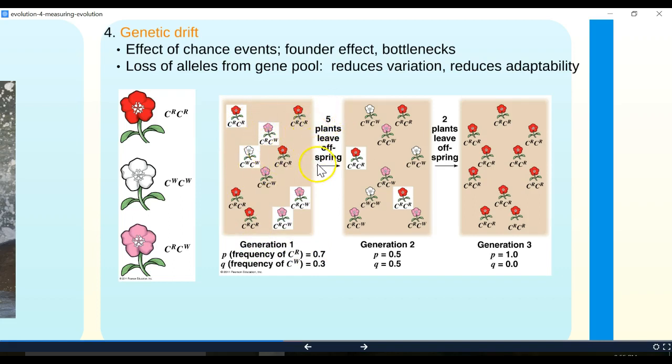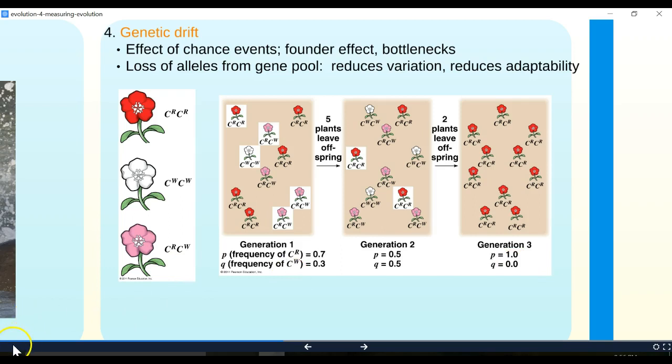So 5 plants are going to leave offspring. And if you look at generation number 2, we see that this red allele is now down to 50%, whereas the white allele went from 30% to 50%. 2 plants are leaving offspring, and now in generation 3, we see that this generation actually only has red alleles and it does not have any white alleles.